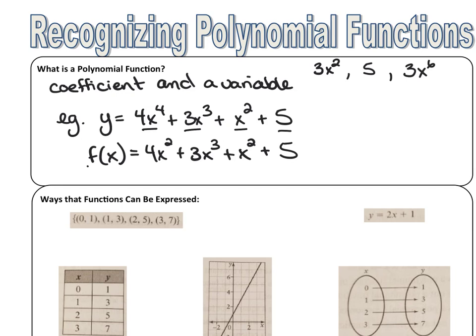Some people use y, some people use f of x. Higher level math uses this a lot. For our case, it's okay to use y, but I just want you to be aware that both happen.